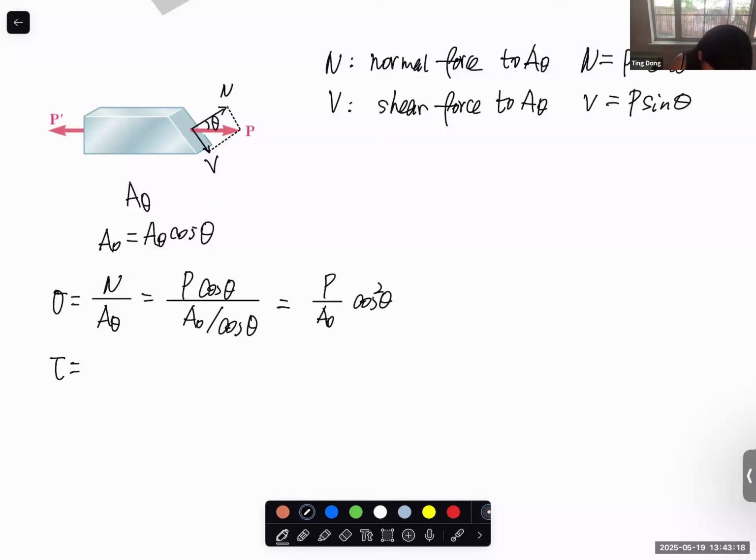And tau, the shear stress, is the shear force over the inclined area, which is P sine theta over the cross-section area over cosine theta. So now this becomes P over A naught sine theta cosine theta.